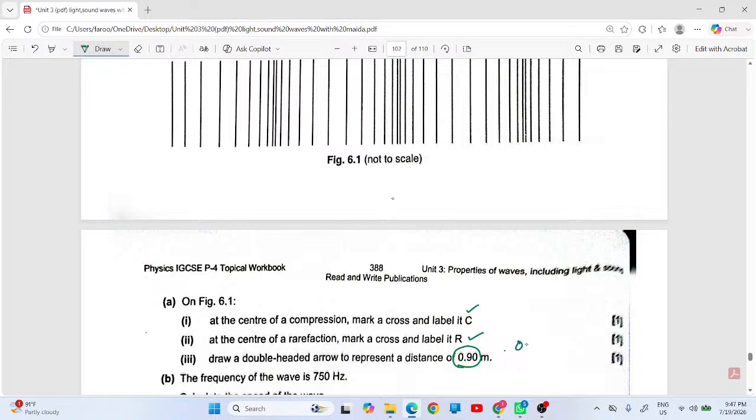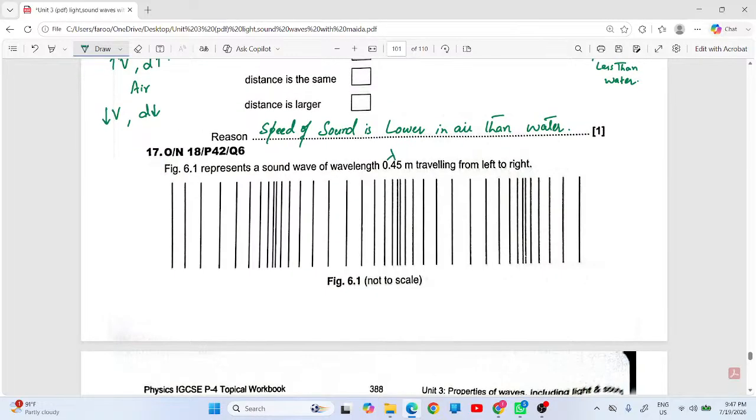0.45 plus 0.45 comes to 2 lambda. So here we put a dot: this is compression, this one is rarefaction, this one is compression, rarefaction and compression.